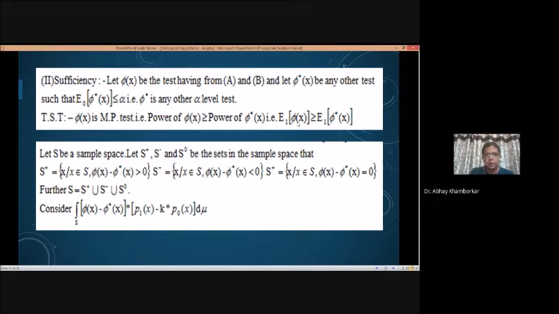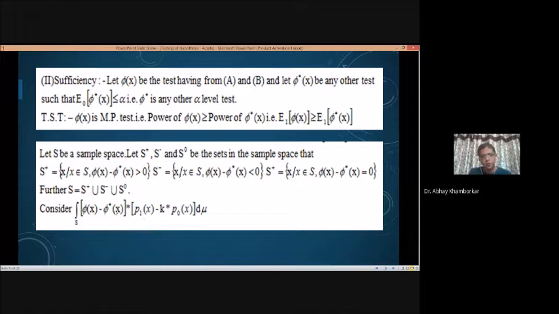That is, expectation of phi of x under h1 is greater than equal to expectation of phi star of x under h1. इसमें हमको convert करना है. But before that, we are going to consider this integration. Now, this integration is an integration of product between this bracket and this particular bracket. That is phi of x minus phi star of x into p1x minus k into p naught of x d mu. So we will consider this product first.